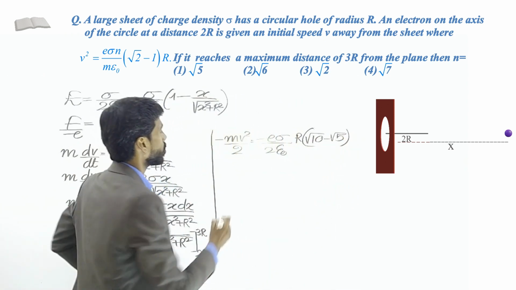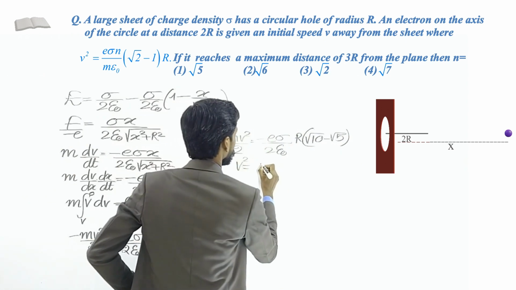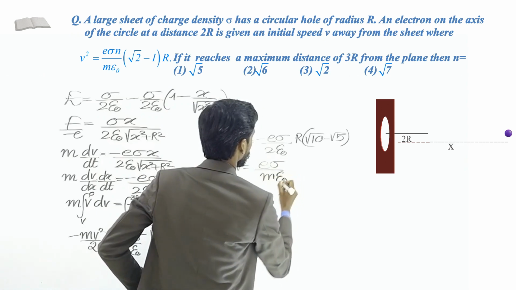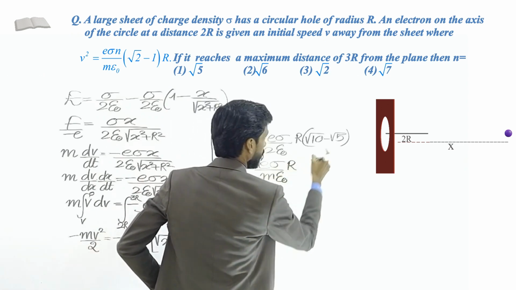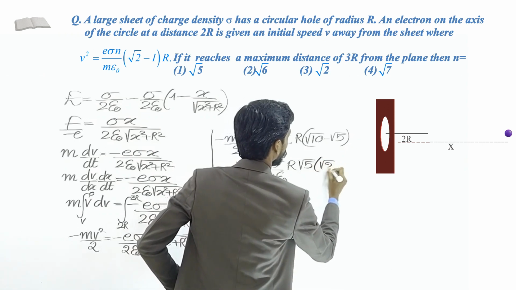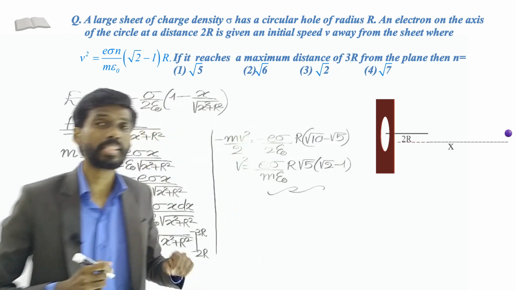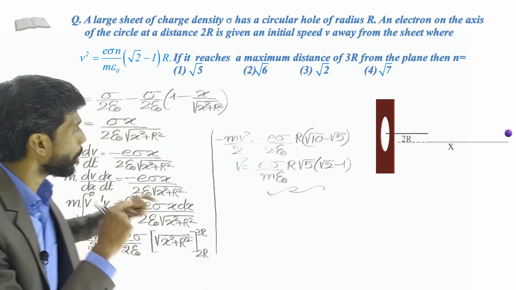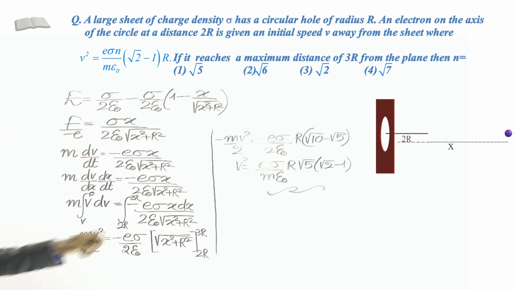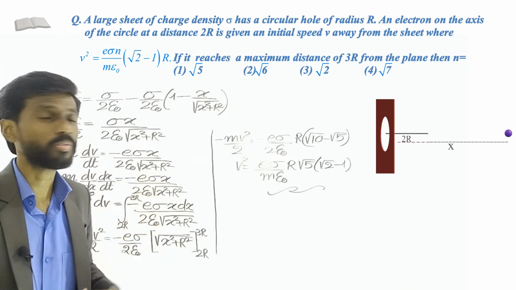That will give you the value of v squared: the 2 gets cancelled and m is divided, so v squared equals e sigma divided by m epsilon 0 multiplied by r. From this you can take root 5 out, so it becomes root 2 minus 1. So this is the value of v squared, the initial speed squared. Comparing this with the expression given in the question, we get the value of n, which is root 5.